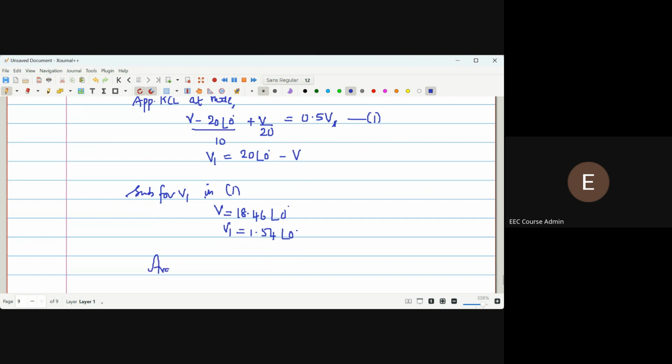So average power delivered will be Vm by root 2 times Im by root 2 times cos theta.